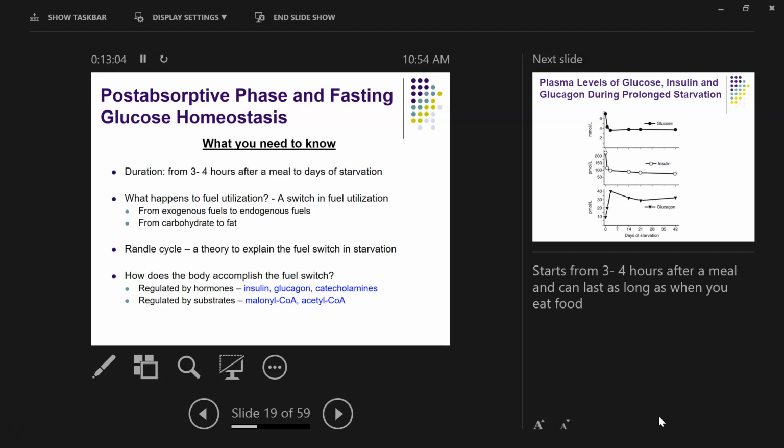Okay, now let's talk about the post-absorptive phase or fasting condition. There is some information that you need to know. First, the duration. How do we define the post-absorptive phase?